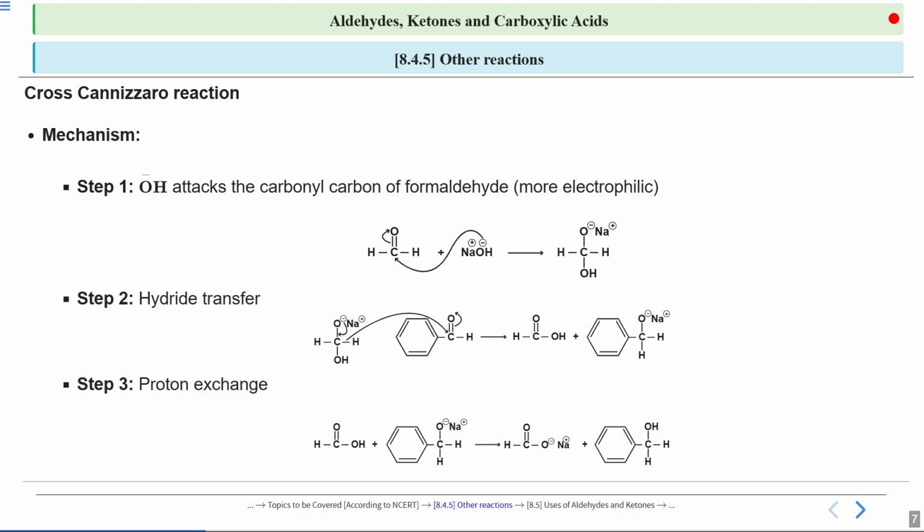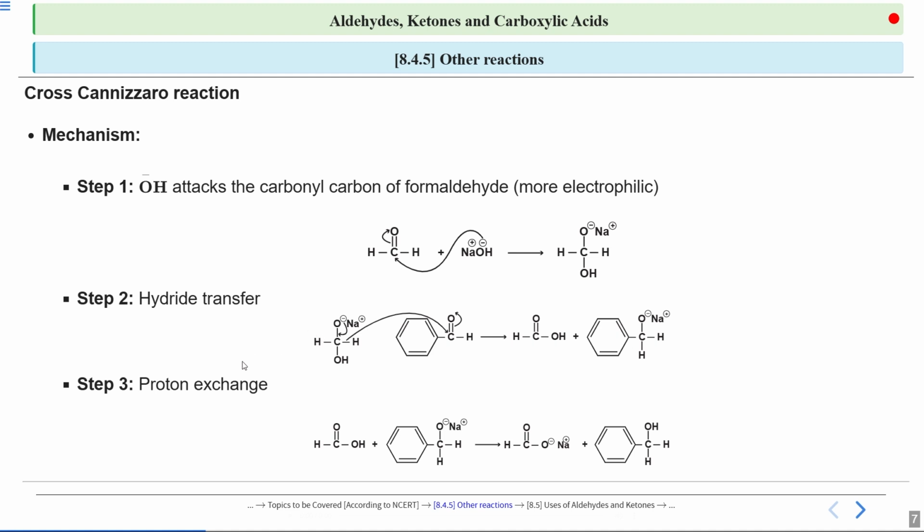From this carboxylic acid molecule, there is a transfer of proton to this other molecule, so you will get one alcohol and you will get a salt of carboxylic acid. So there is reduction of the benzaldehyde intermediate to an alcohol. This benzaldehyde is getting reduced to an alcohol.